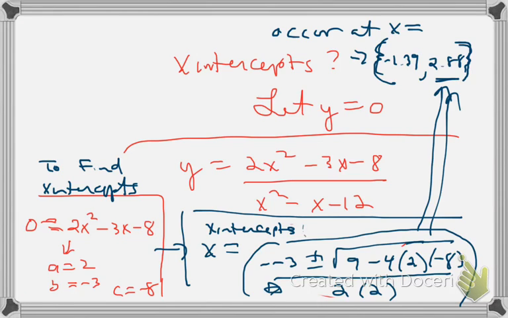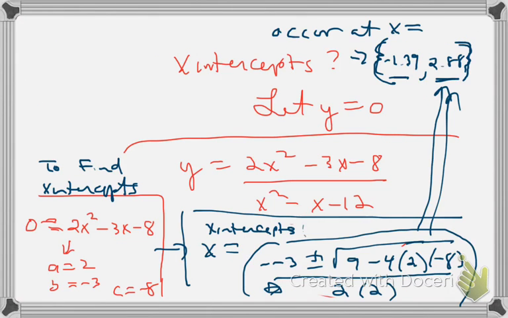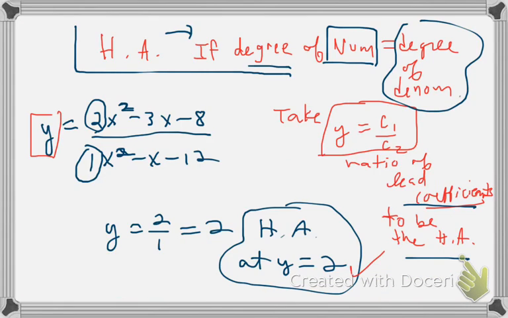So 2.88 for one of the x-intercepts and negative 1.39. And I went back and looked at the original graph and asked, does it look right? So yeah, it looks like it hits right there at the 2.88. And the other one does look like it hits right there at the appropriate decimal.